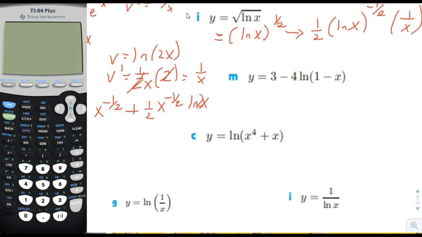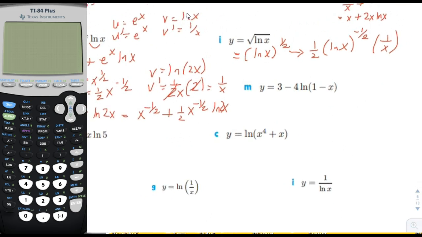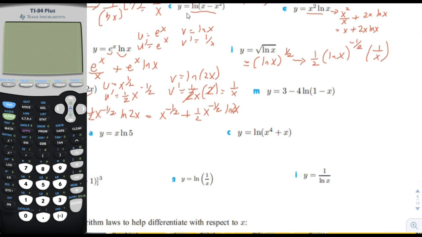The derivative of y equals 3 minus 4 times natural log of 1 minus x. Okay, so let's see. Derivative of 3 is 0.